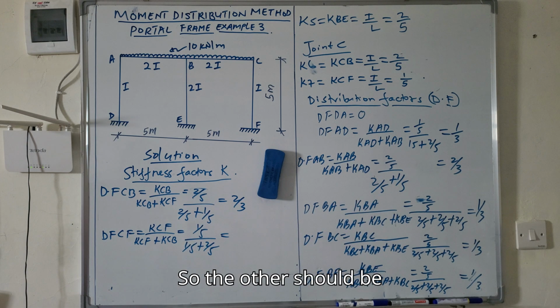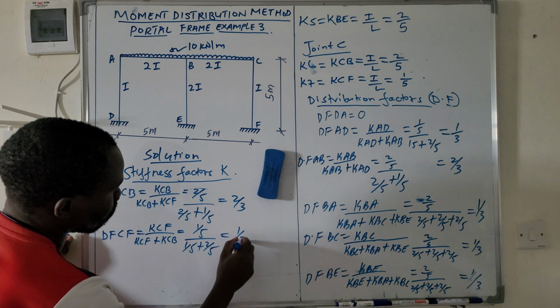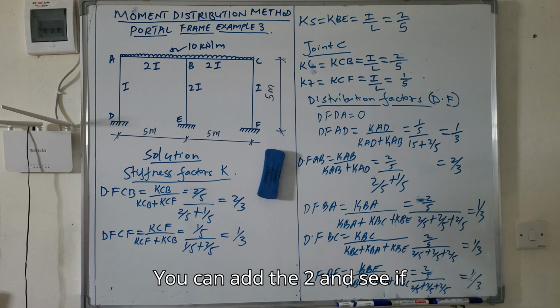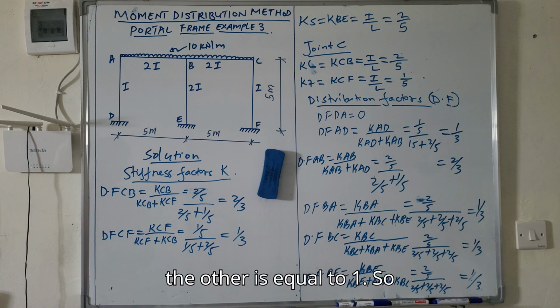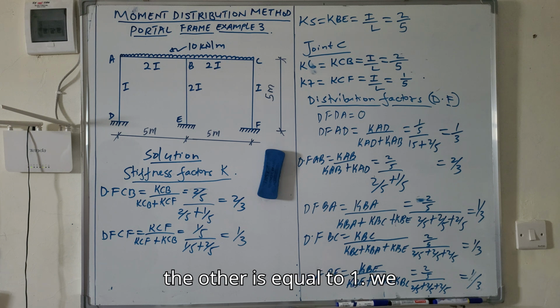So the answer should be 1 over 3. You can add the two and see if the answer is equal to 1. So the answer is equal to 1.